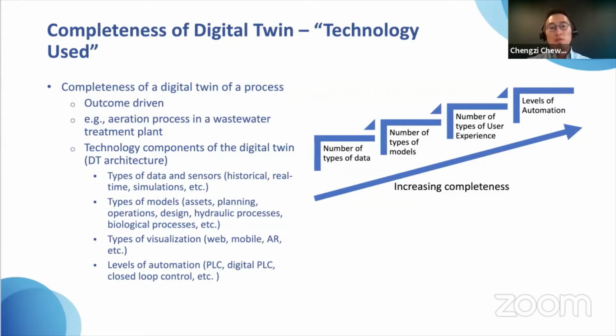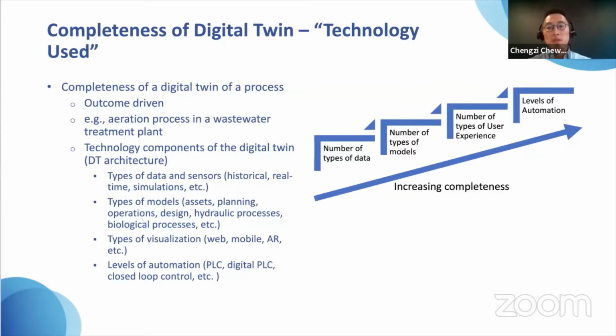If you take that into account and use the architecture, you can really map out what you have in terms of data and sensors and actuators. What types of models do you need to achieve that? And what type of interfaces for the different groups of people that are involved in this decision process?